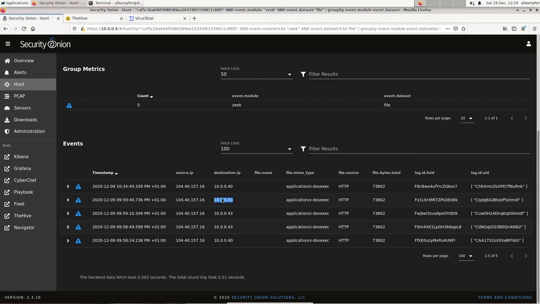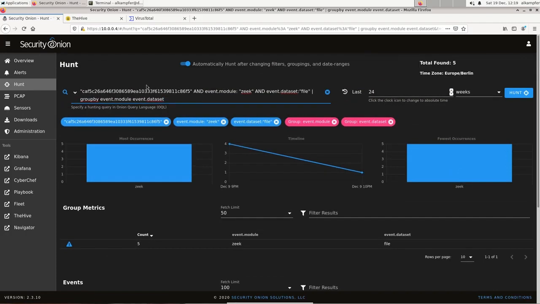Now, you can go on looking for more data, but you need to be aware that Hunt and Security Onion have really powerful query languages.